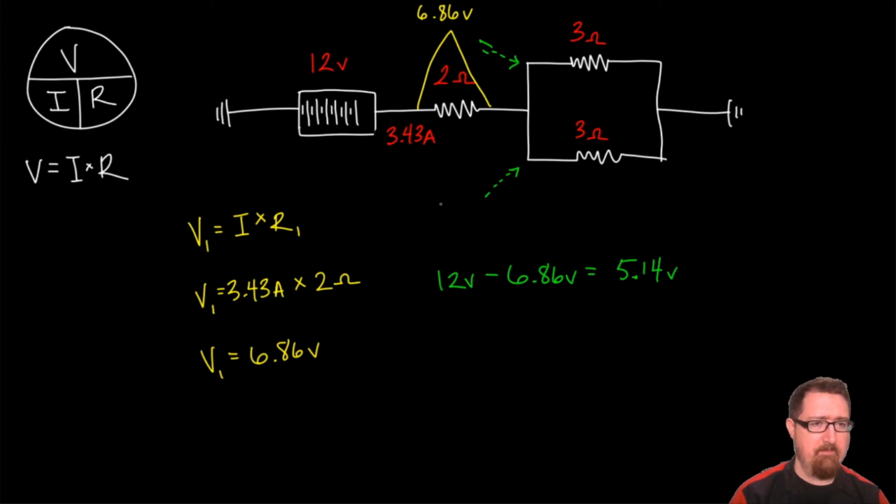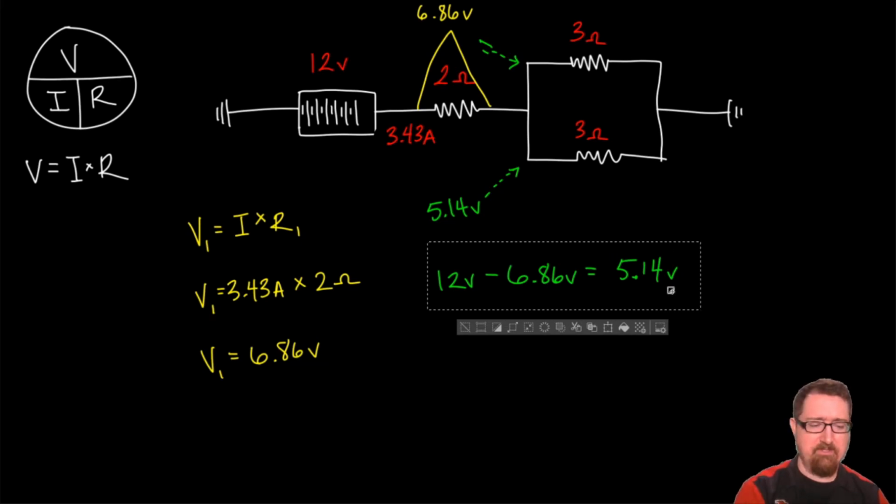So we only have 5.14 volts coming in to our parallel area in our series parallel circuit.